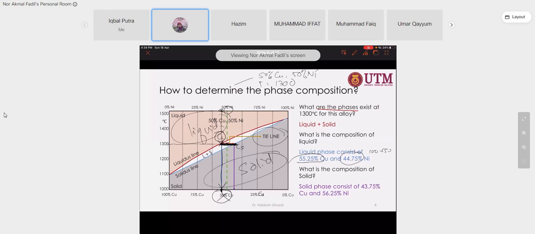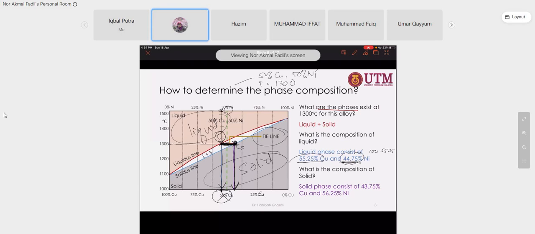You got this value. And what about solid? This tie line crosses this blue line, which is the solidus line, and this value can be read straight away at this point. This point composition is 43.75% copper.